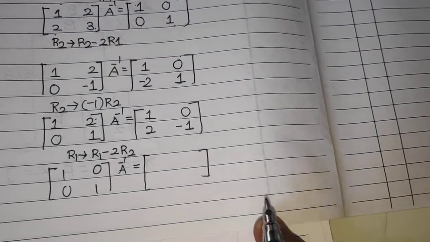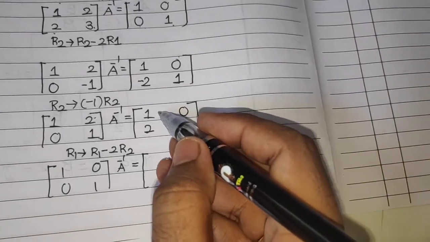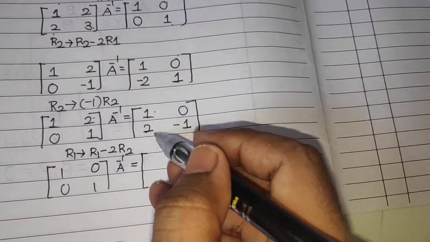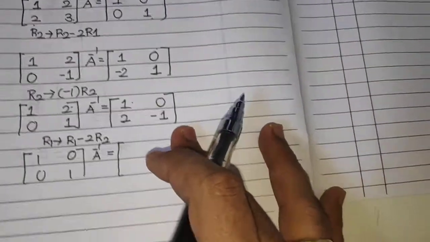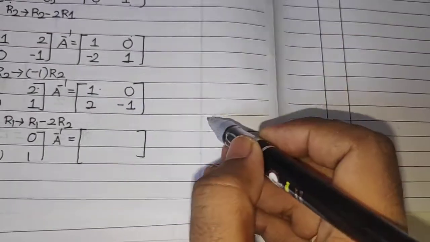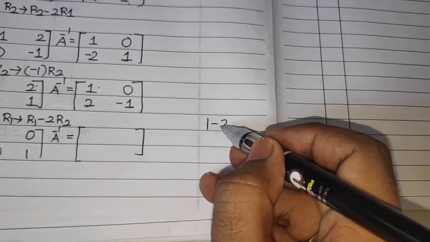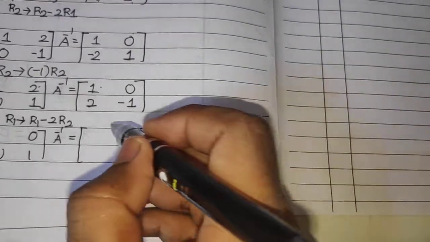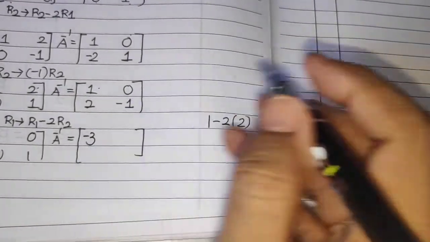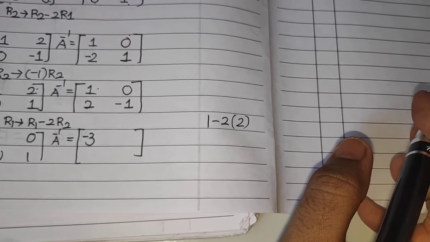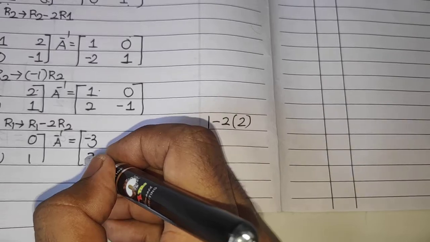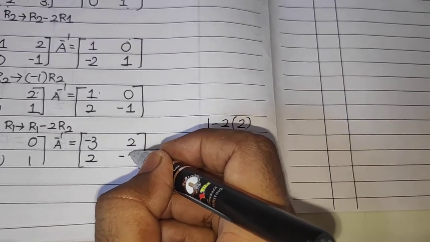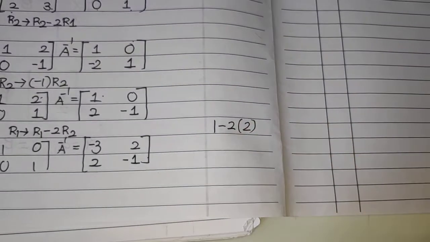Now R1 will be 1 minus 2 times R2, so R1 minus 2 times R2, that will be 1 minus 2 into 2, that will be minus 3. 0 minus 2, that will be 2, then 2 minus 1 as it is.